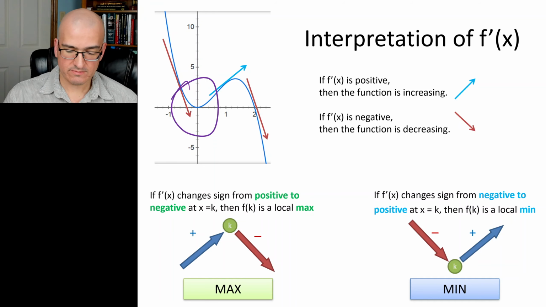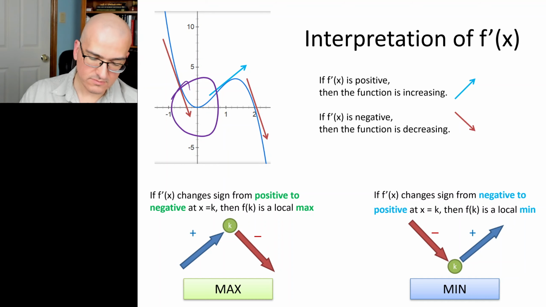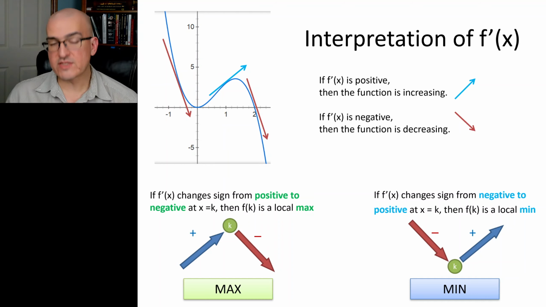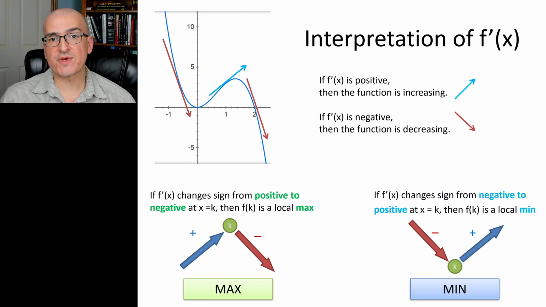So like this region over there. So that's why the increasing/decreasing test can be used to diagnose critical points. We check the behavior of the derivative to the left of a critical point and to the right of the critical point, and then compare the sign, whether it's positive or negative.